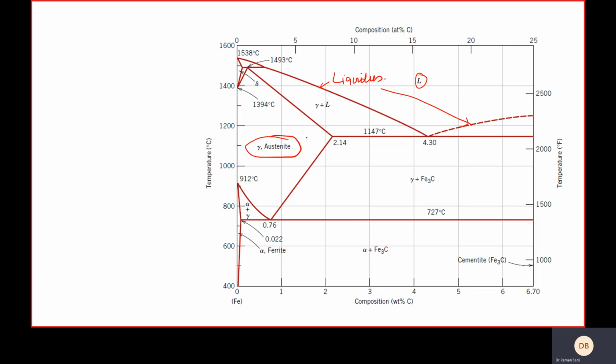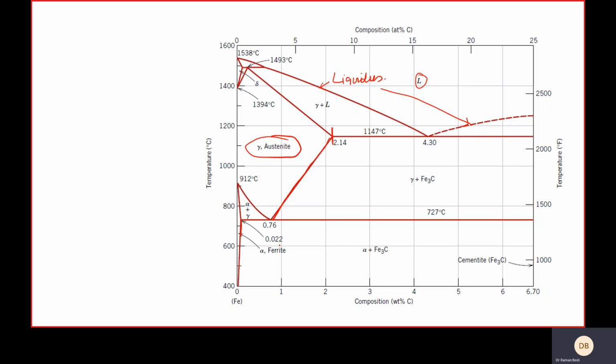The maximum solubility of carbon in austenite happens to be here at 2.14%, at a temperature of 1147, because after that, if you keep on adding more, this is the solubility line. For alpha ferrite, this happens to be the solvus line.